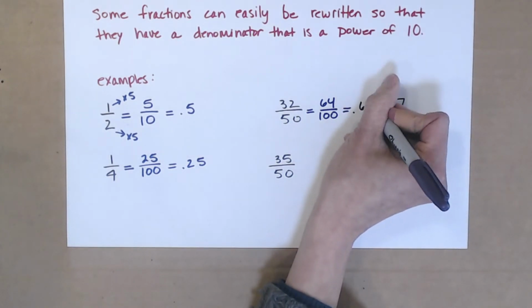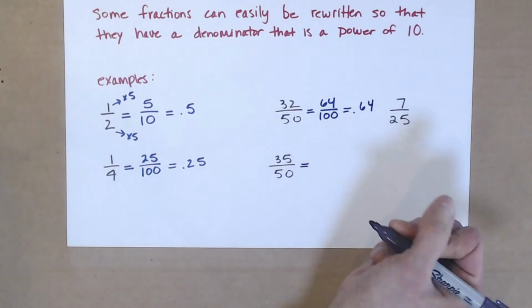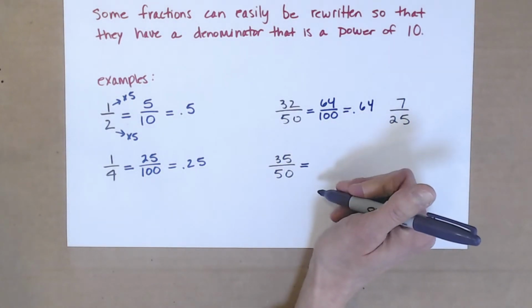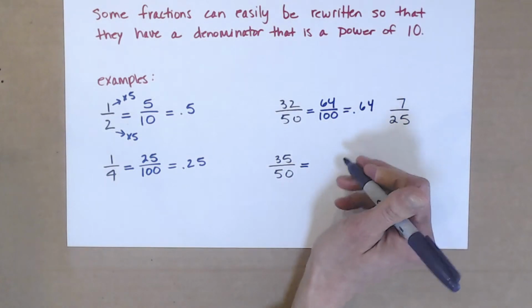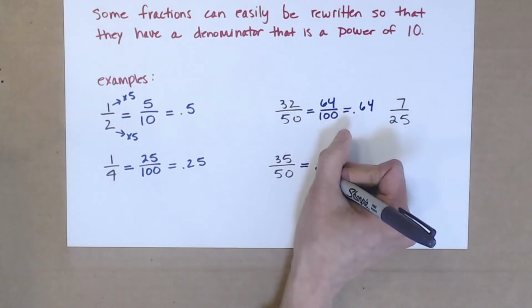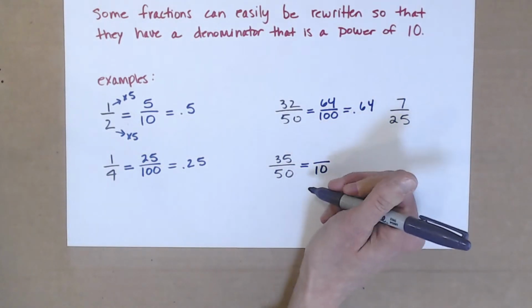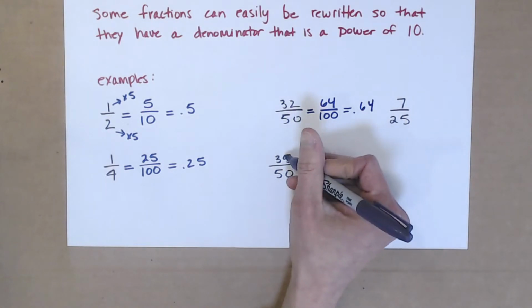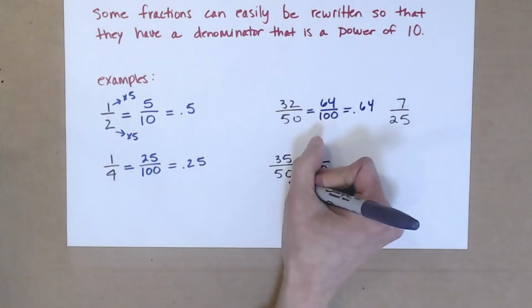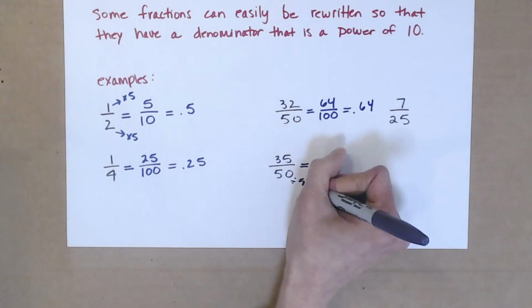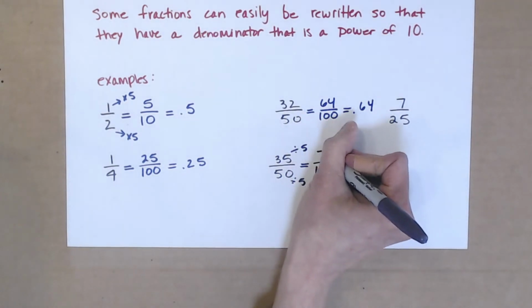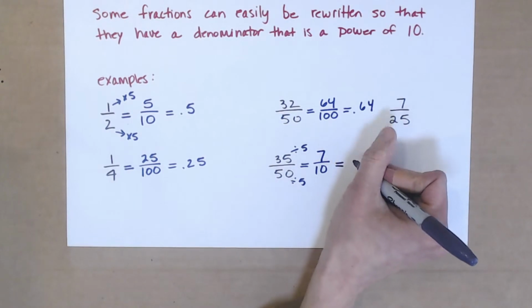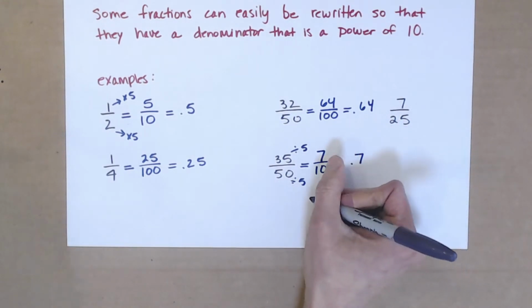Written as 0.64. This is the one where we could either go down to tenths or up to hundredths, and you would get the same answer either way, and I'll illustrate that. If we go down to tenths, we are going to divide our numerator and denominator by 5. So we divide 50 by 5 and get 10, divide 35 by 5 and get 7. 7 tenths is 0.7.